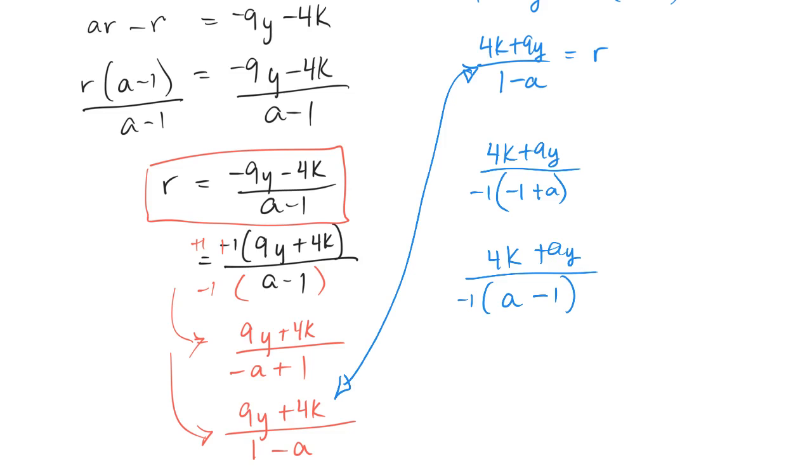And then, again, like I did on the other side, multiply top and bottom by negative 1. So the negatives on the bottom would cancel, so I just have an a minus 1. And on the top, I'd have negative 1 times 4k plus 9y. So I could distribute that too.